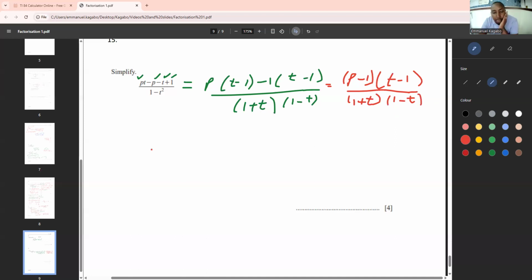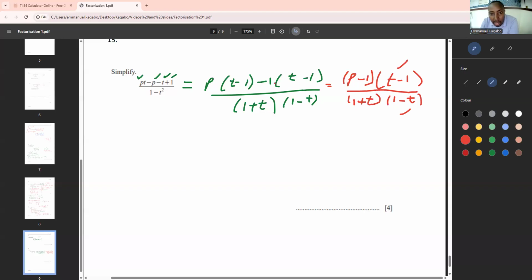Now, I cannot simplify. Let me double check my working, and then I'll tell you the best way to simplify. Because when you check, this is not exactly the same as that. Now, this is 1 plus t, 1 minus t. That's very correct. Here I factorized p, and I am left with p minus 1. Here I factorized the 1.